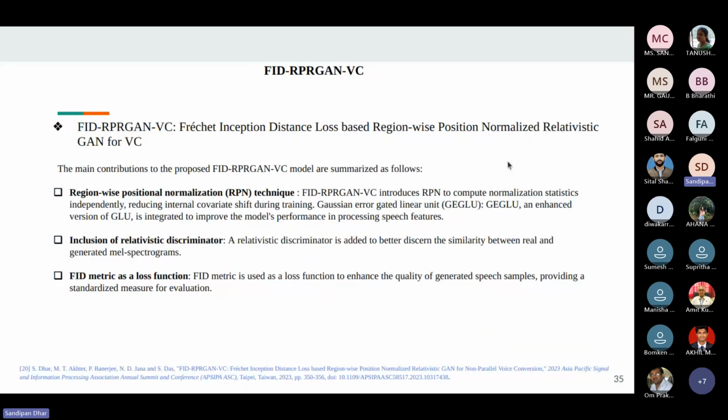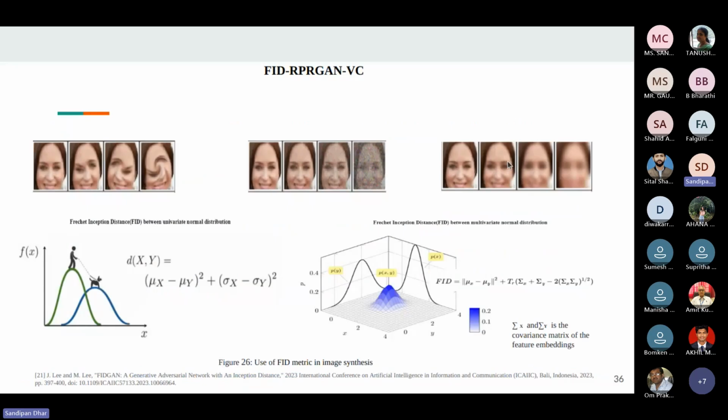Then we also explored how we can borrow the metrics used for image style transfer, and we can borrow those objective evaluation metrics in the field of image synthesis. FID, Frechet inception distance, is one such objective evaluation metric. When we generate some shapes, whether facial images or some specific shape, after generation we can use this FID to find whether distortion is present or not.